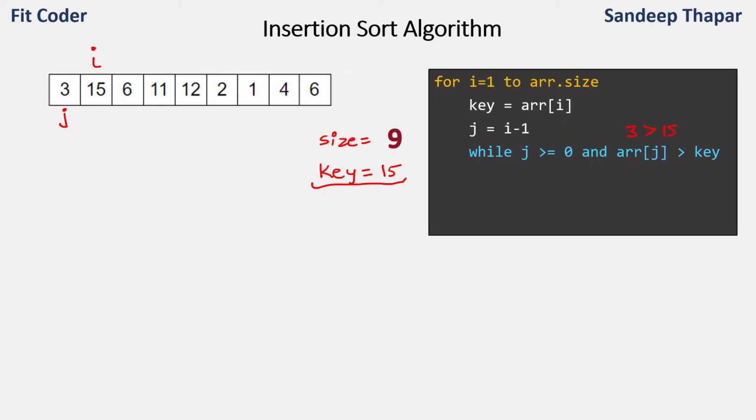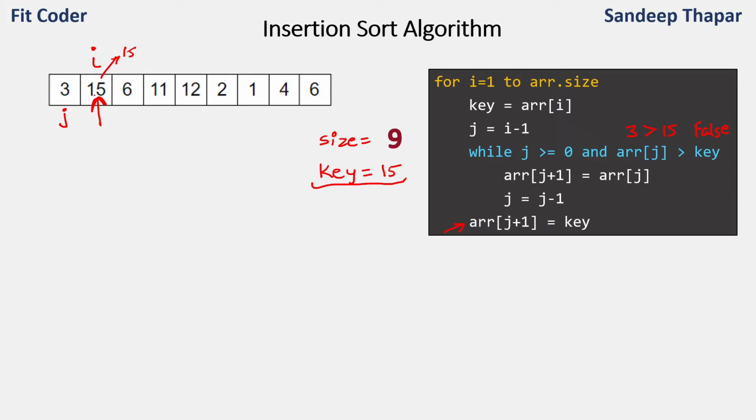So this condition is false, and the while loop terminates. Then we set array of j plus 1 equal to key. Array of j plus 1 means the index of 15. At this position we are setting value 15, which means it won't change because 15 is already present at this location.